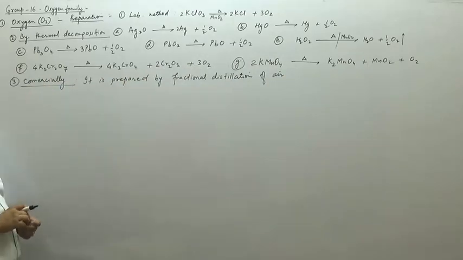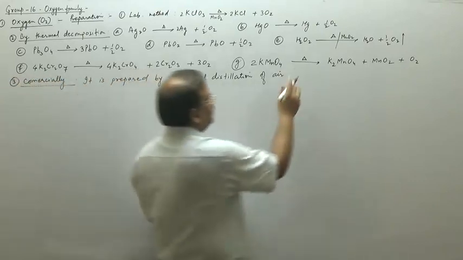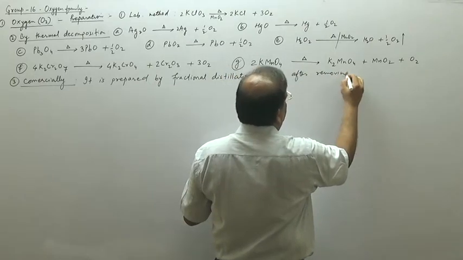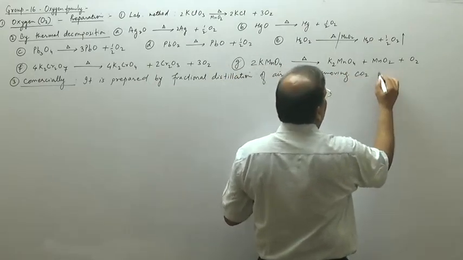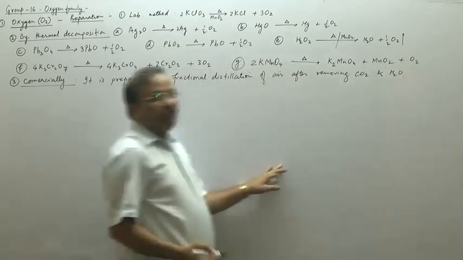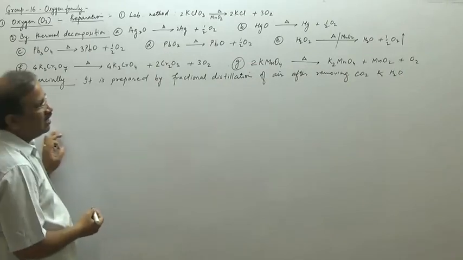After removing CO2 and H2O, because the boiling point and the freezing point of O2 are known to us. The boiling point is 90 Kelvin, whereas the freezing point is 55 Kelvin.